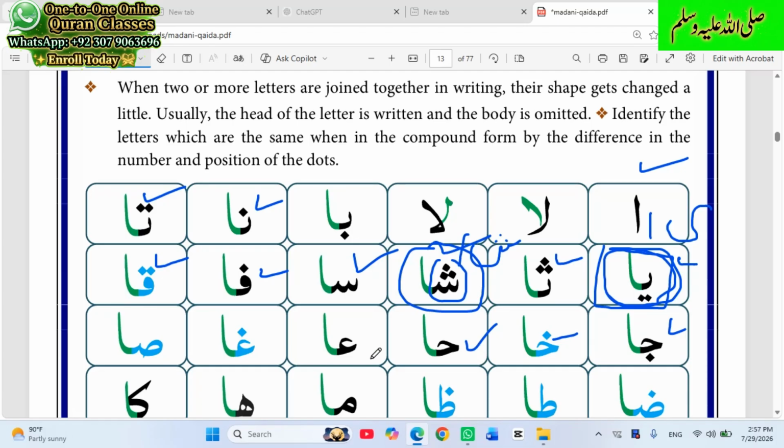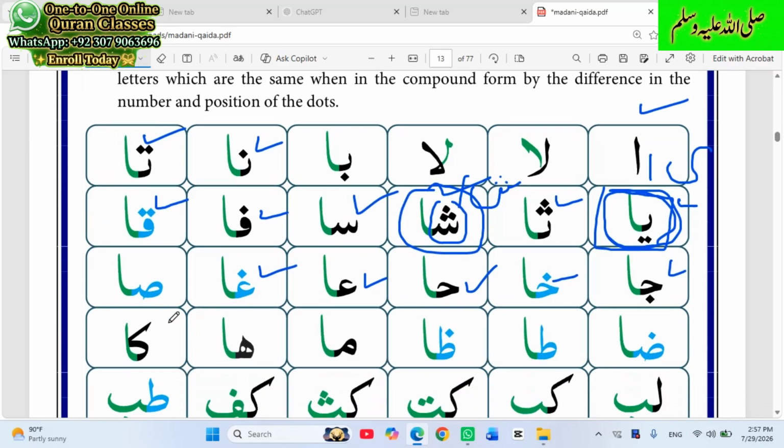Ha, Alif, middle part of the throat. Ain, Alif, top part of the throat. Ghain, Alif.